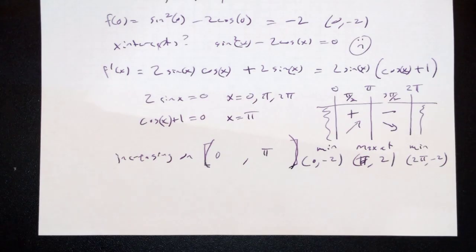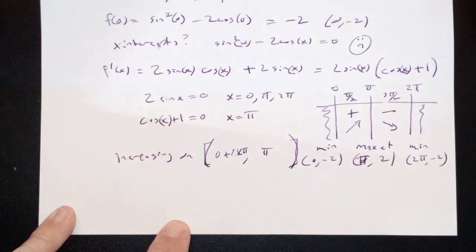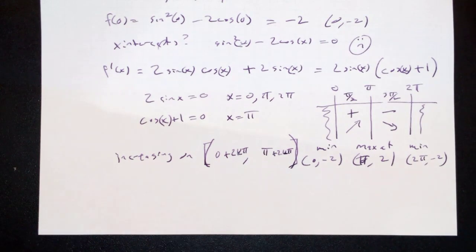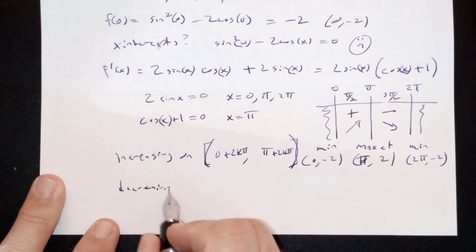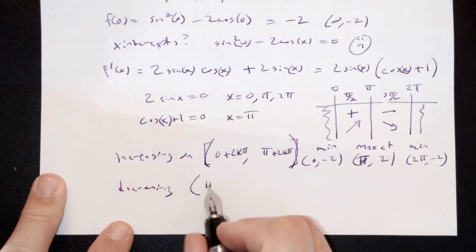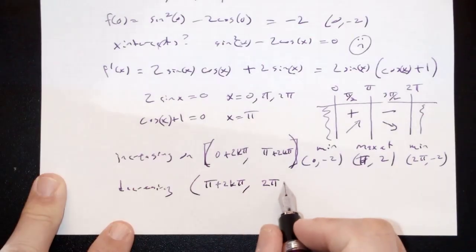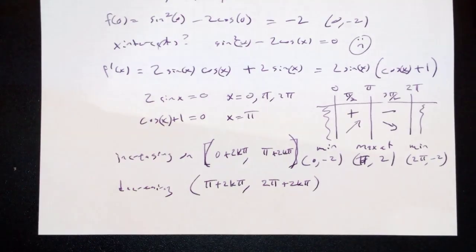When you added multiples of pi, you wrote plus 2k pi. And you're decreasing from pi to 2 pi. And I add the 2k pi to each one.